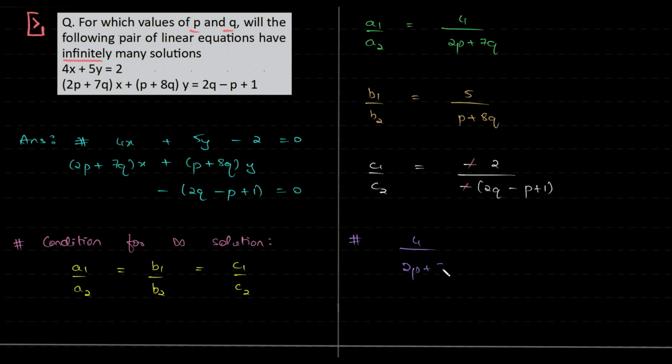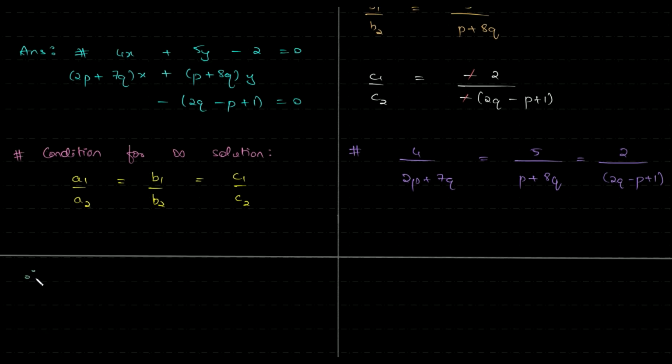Let me show this. 4 over (2p plus 7q) is equal to 5 over (p plus 8q) is equal to 2 over (2q minus p plus 1). So what we can do is take up the first two, right?